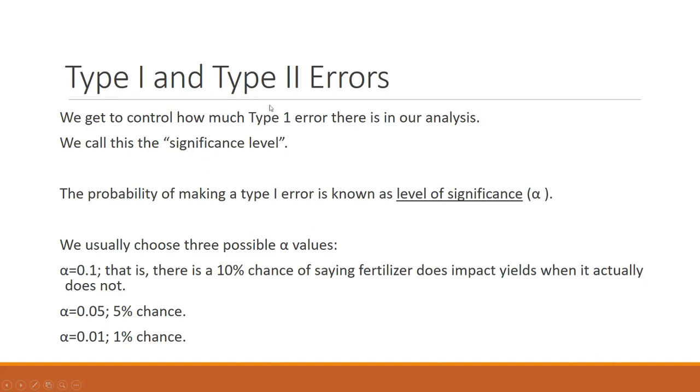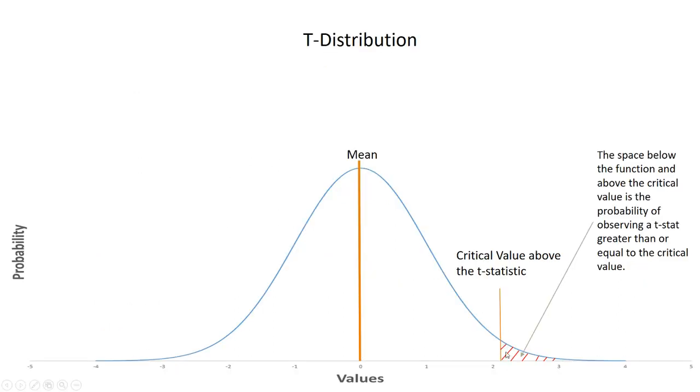I mentioned before type 1 and type 2 errors. With type 1, we get to control how much type 1 error there is in our analysis. We call this the significance level. Let's just use our intuition here. I said that if our t-statistic lies above this critical value, then we reject the null hypothesis. This area is the probability of observing a t-statistic greater than or equal to our critical value.